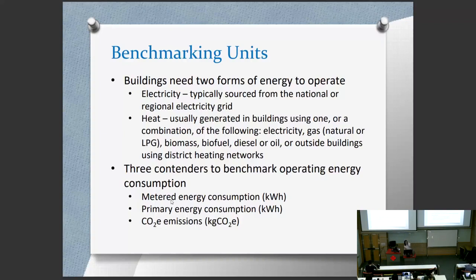And apart from this kilowatt hour, we have another parameter with the same unit, also kilowatt hour, but this is primary energy consumption. In the lecture last week, we briefly explained primary energy. Primary energy would be the kind of energy that has not gone through any human processing.